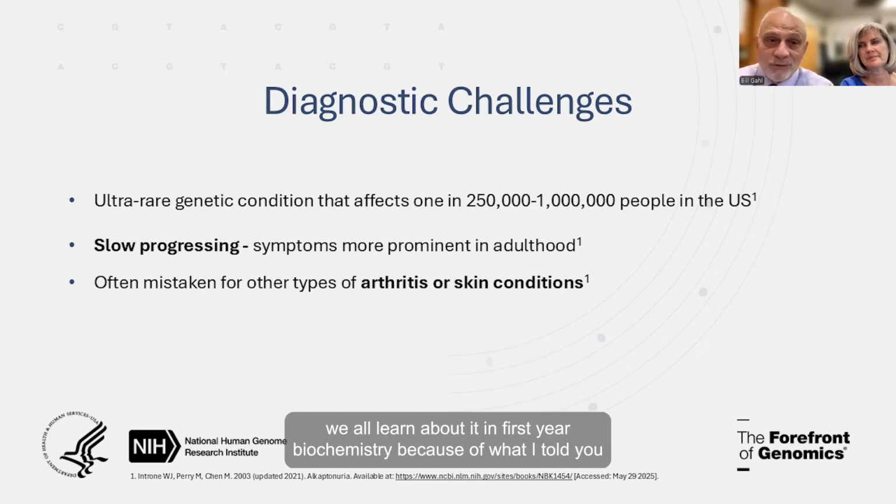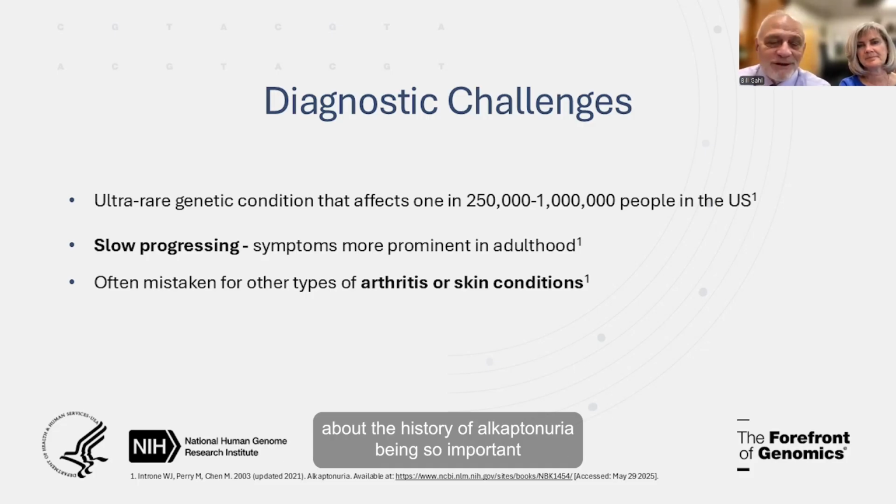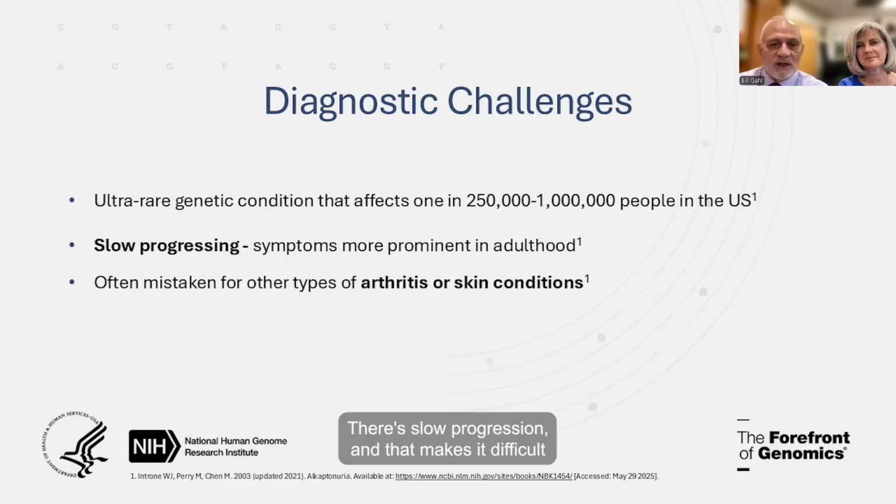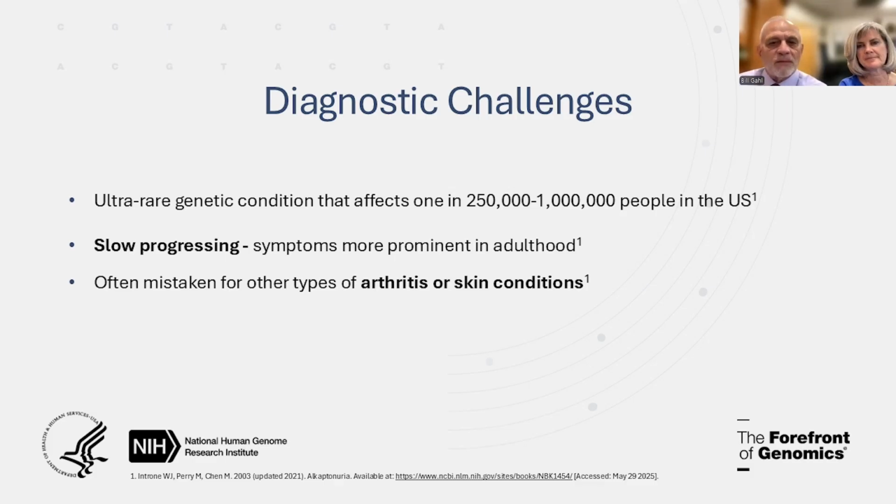Actually, in medical school, we all learn about it in first-year biochemistry because of what I told you about the history of alkaptonuria being so important in inborn errors of metabolism and in our field of biochemical genetics. There's slow progression, and that makes it difficult to diagnose as well. And it's often mistaken for other disorders of arthritis and the skin.